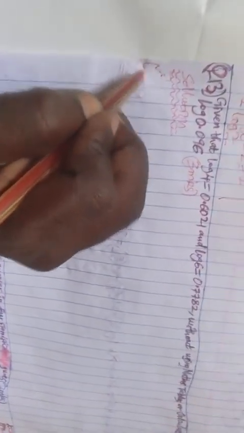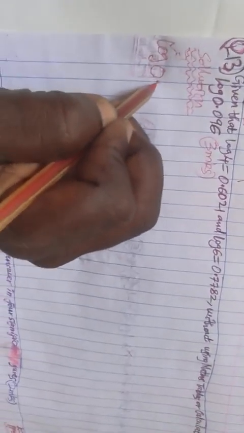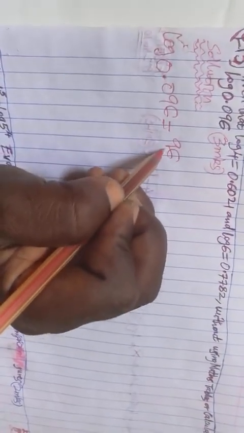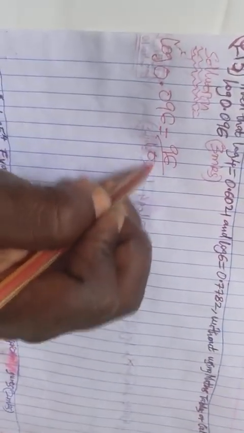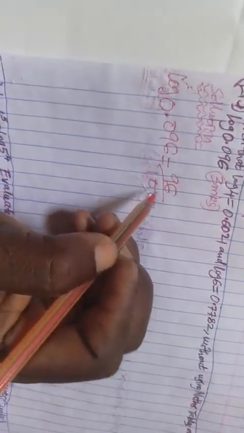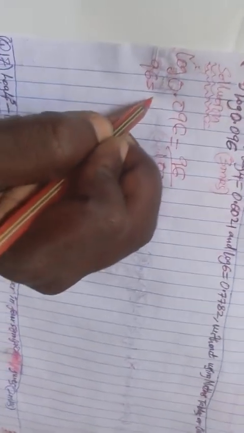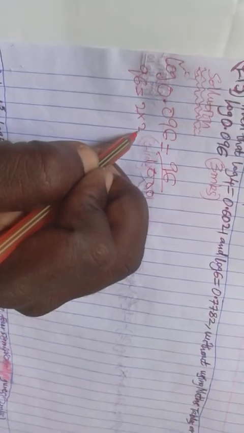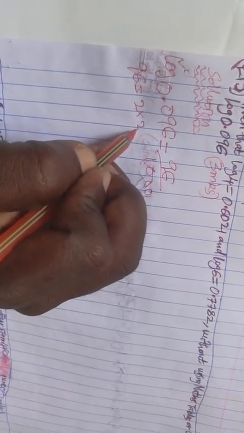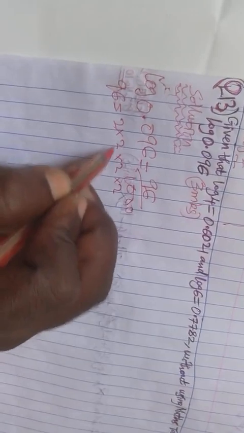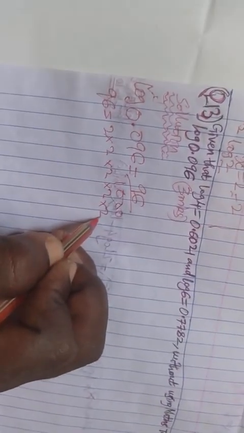Therefore, log 0.096 is the same as 96 over 1000. Therefore, 96 is the same as 2 times 2 times 2 times 2 times 2, which is 16 times 2, this is 32.